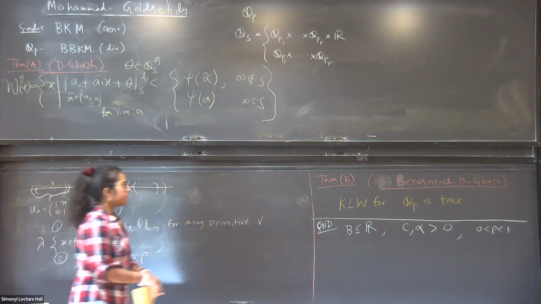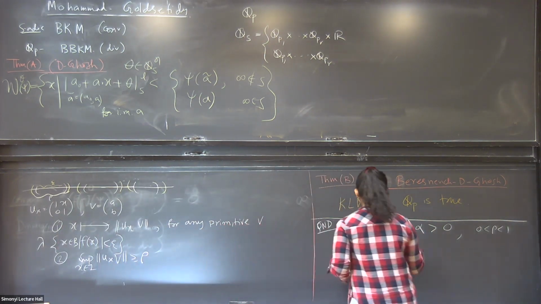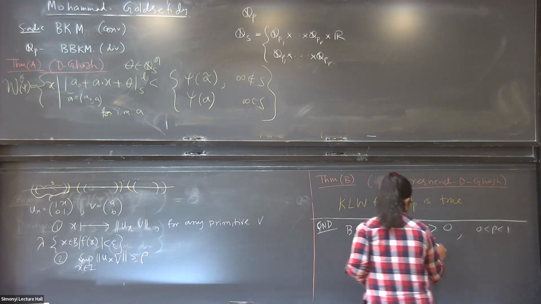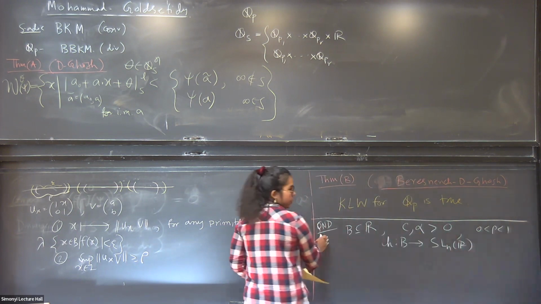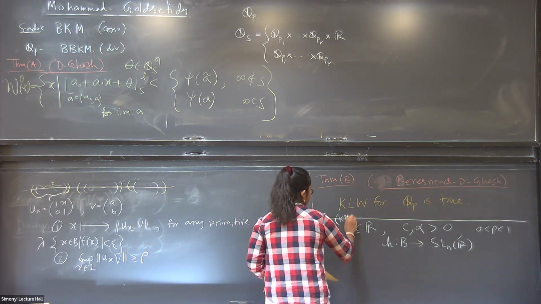So maybe we can change u_x by any h. So h is a map from B to R. This QND is from Kleinbock and Margulis, 98.